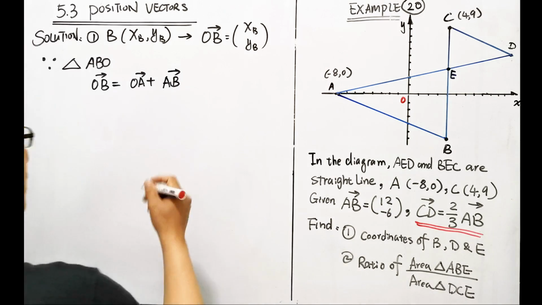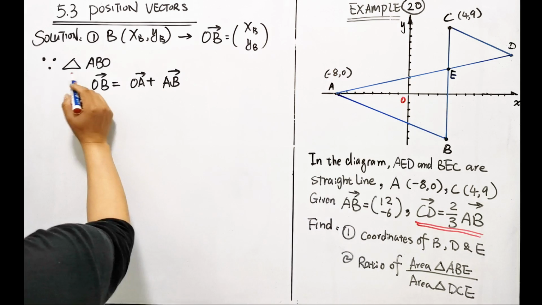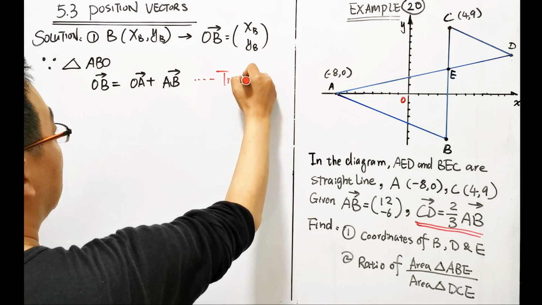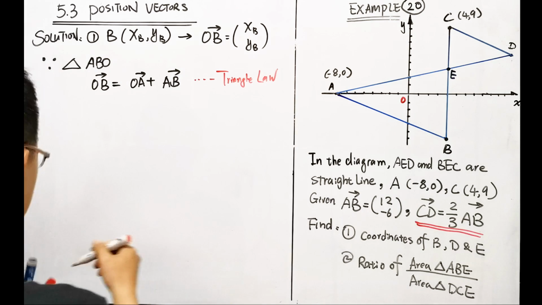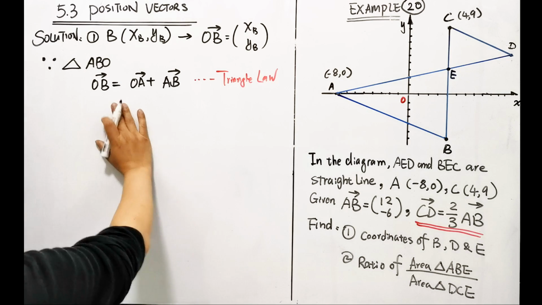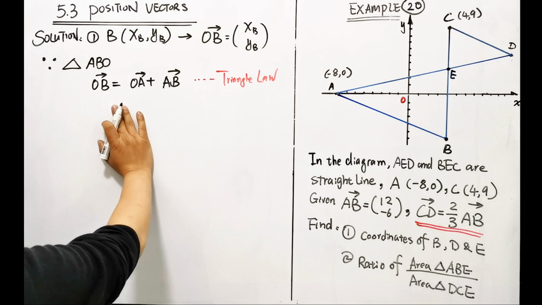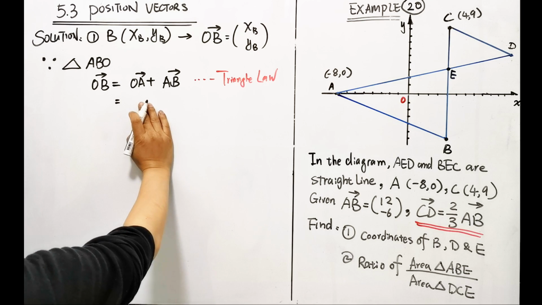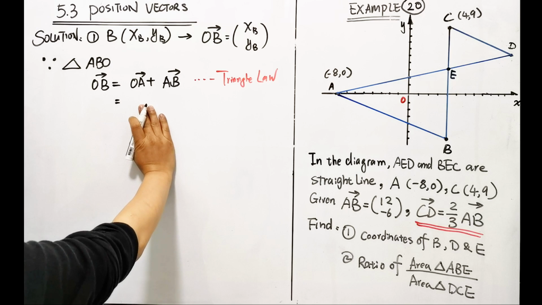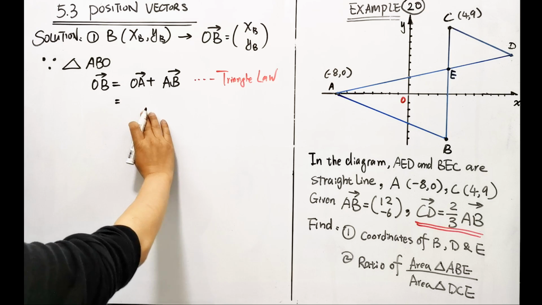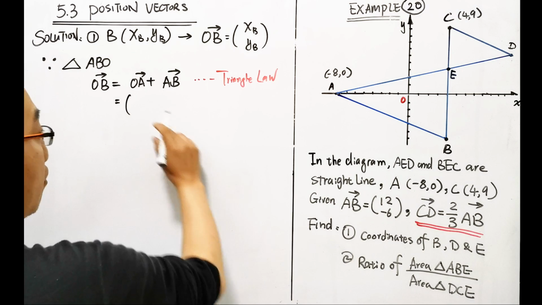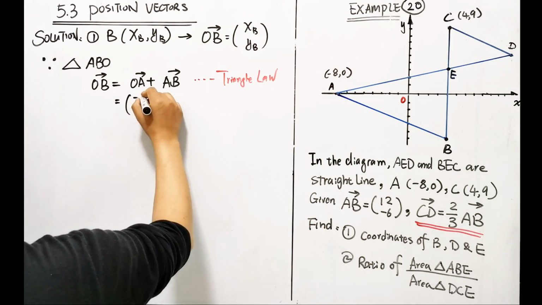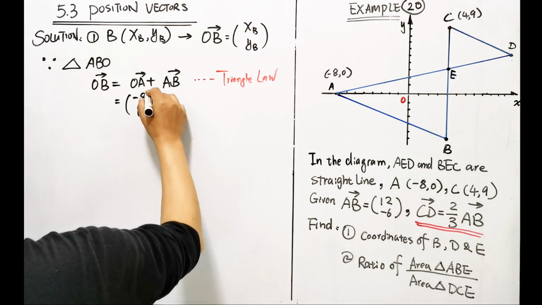Inside this triangle we use the triangle law. Let's continue. We already know OA, so we bring in OA, which is the vector from O to A, (-a, 0), plus AB.